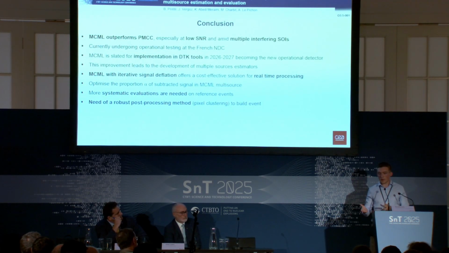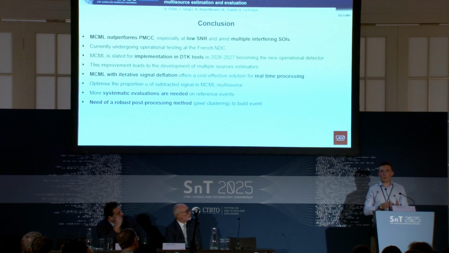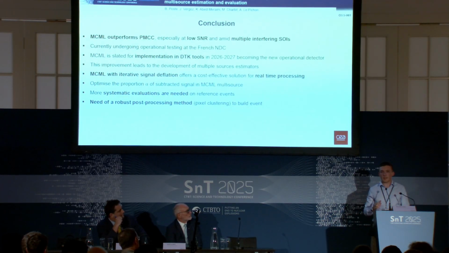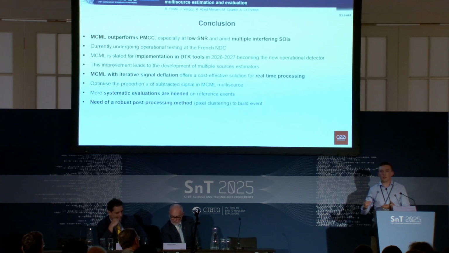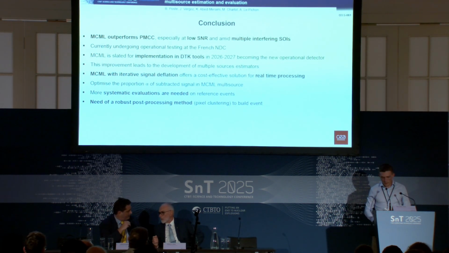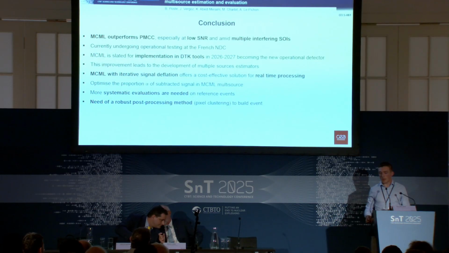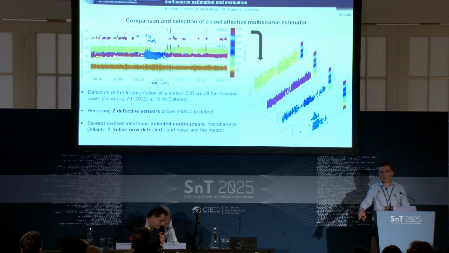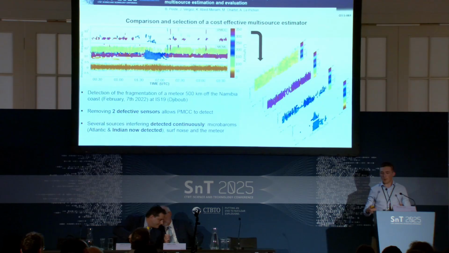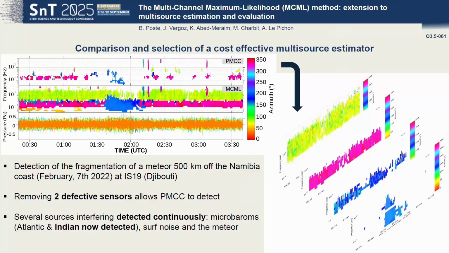But here, the main power of MCML is that it's implemented in the time-frequency domain like PMCC, not like the F detectors that are maybe in a single frequency band. So here the main improvement is that we have this kind of picture. We can make more observations, more statistics on the different pixels in different frequency bands. But I think FK is often used in a single frequency band.